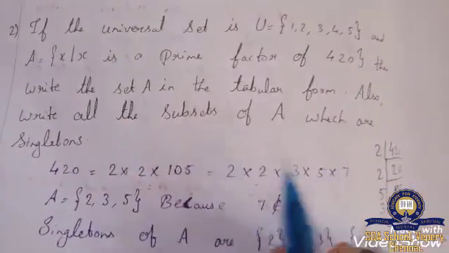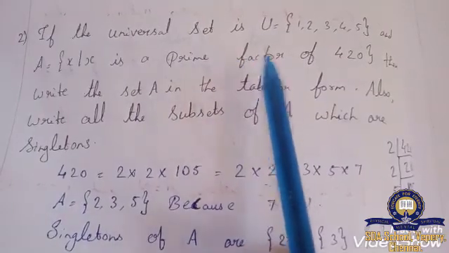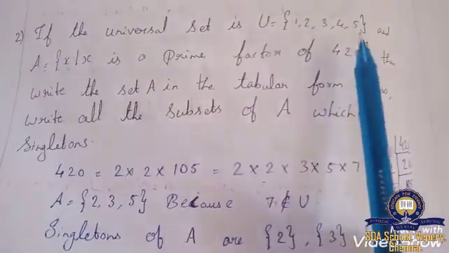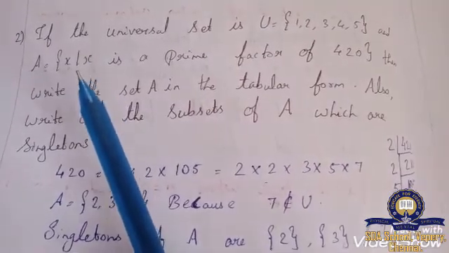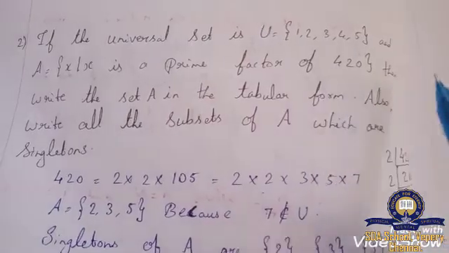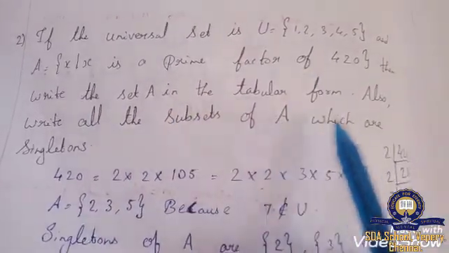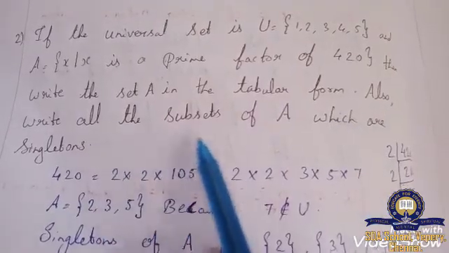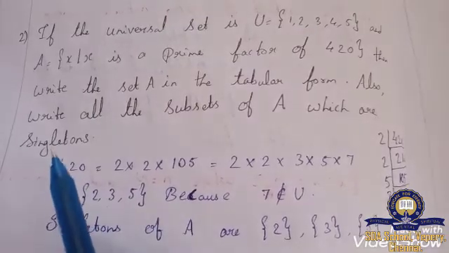Now let's see another example. It is given that the universal set U is equal to {1, 2, 3, 4, 5} and A is equal to {x such that x is a prime factor of 420}. Write the set A in tabular form. Also write all the subsets of A which are singletons.